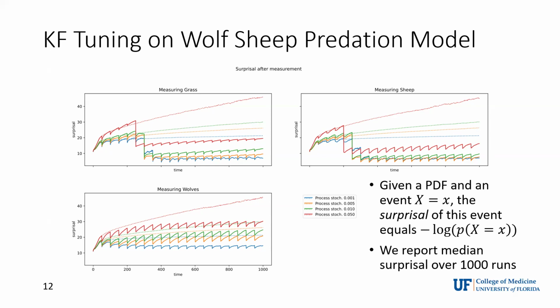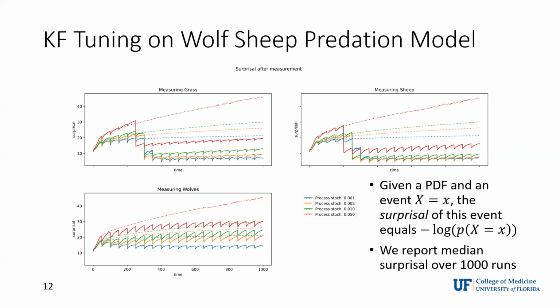And here, the event that we're talking about for these surprisal measurements is the truth. Essentially, we're asking how surprising, based on the model prediction, should the truth be? And we're doing this for these very many runs. Low surprisal is good. That means that the model is not very surprised to see the truth. High surprisal would be bad, which is like the model did not expect to see the truth incoming.